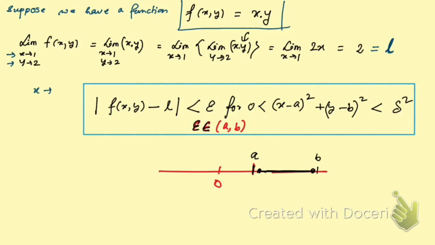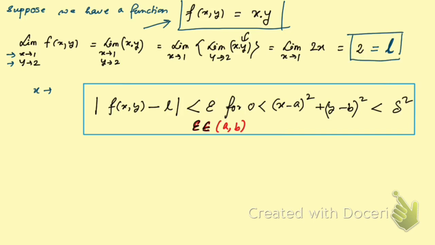So now, in order to explain this definition of limit, let me give you an example here. If you take this function as an example, the limit we have got is 2, and this definition was written for x tends to a and y tends to b.